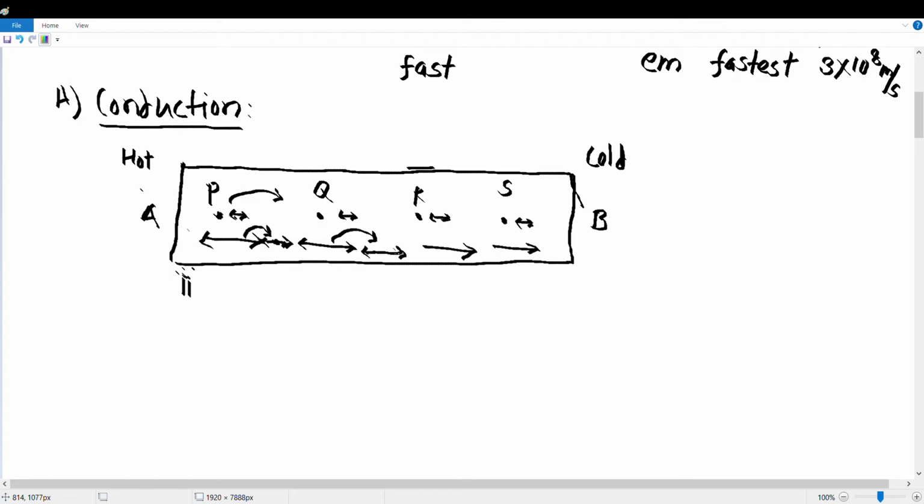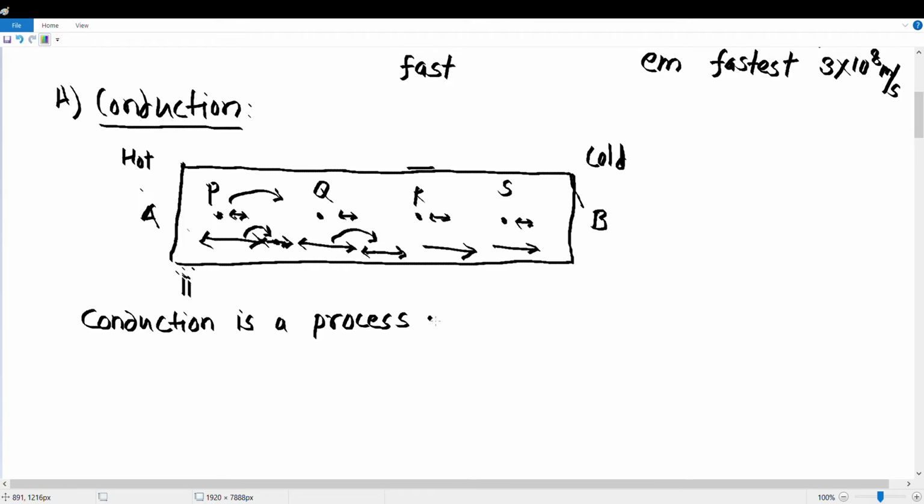Now let's see the definition of conduction.